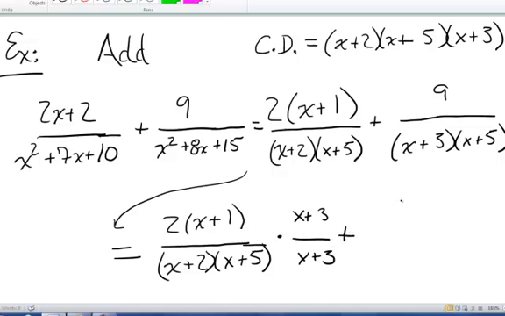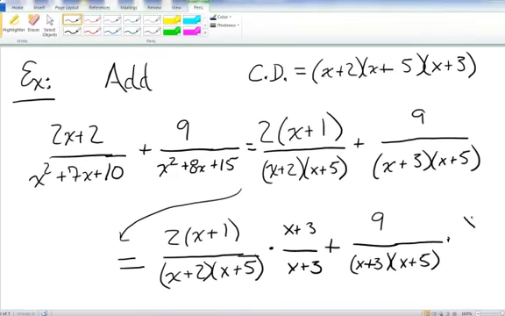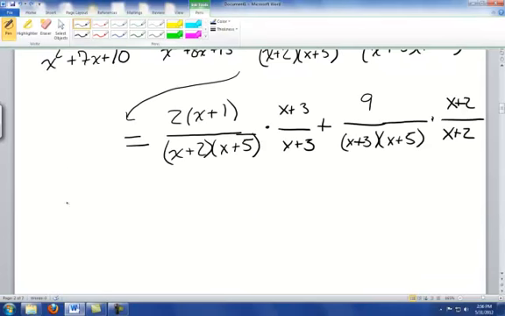Okay. For my second fraction, again, I'm trying to write the denominator of this second fraction in terms of my common denominator, and I see that I'm missing the factor x plus 2. So I'm going to multiply this by x plus 2 over itself. Okay, hopefully we've got a little more room now. So foiling out the numerator, be very careful doing this.